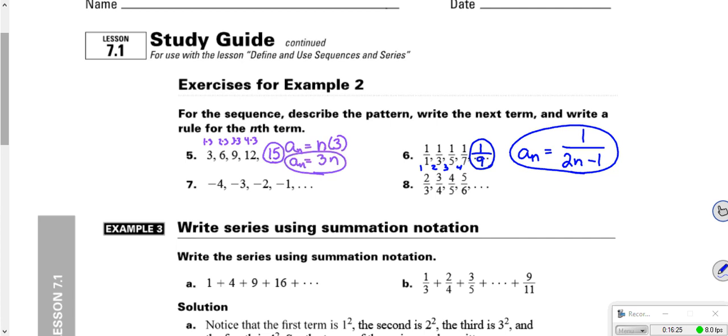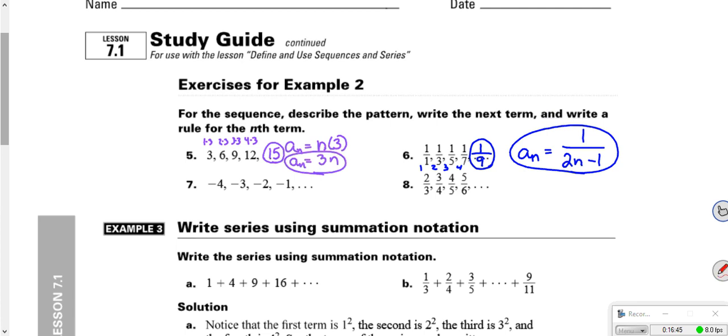Now think about this. If I take 1 times 2, I get 2, minus 1 gives me the 1. 2 times 2 is 4, minus 1 is 3. 3 times 2 is 6, minus 1 is 5. 4 times 2 is 8, minus 1 is 7, and so on. So that's my rule there.